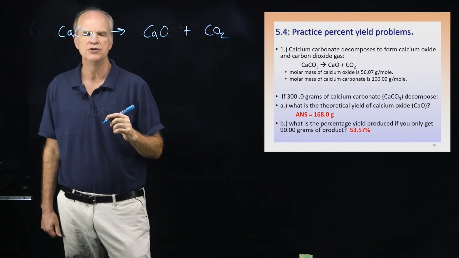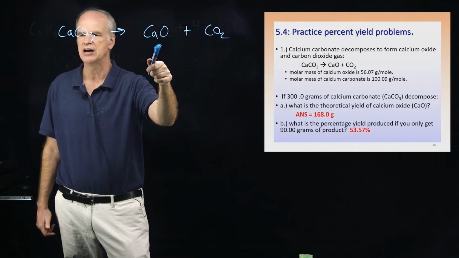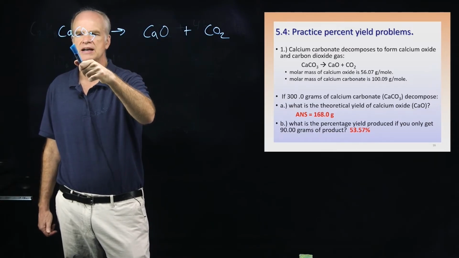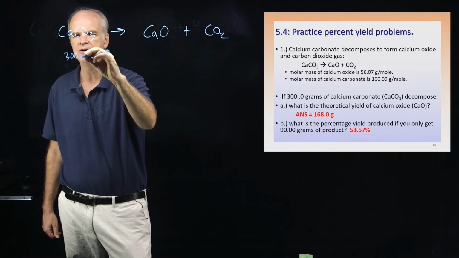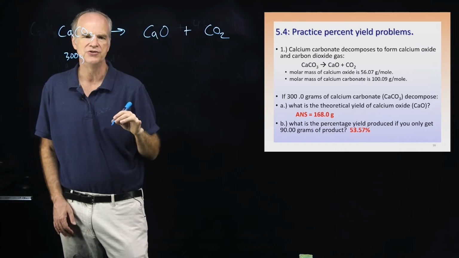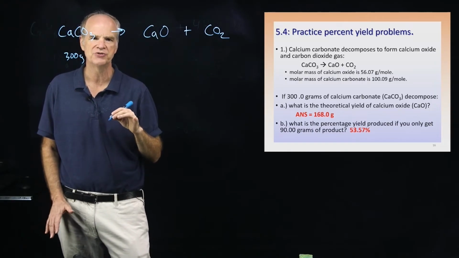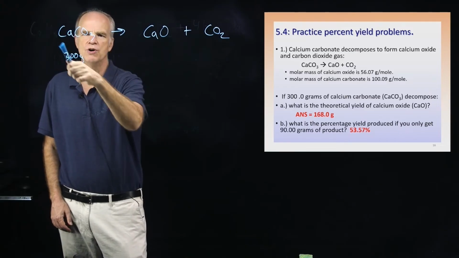So what we can do is first calculate the theoretical yield of calcium oxide if 300 grams of calcium carbonate decompose. So we have 300 grams here. One thing you may be wondering is do you have to worry about limiting and excess reagents in this problem? And the answer is you don't, because we only have one reagent.